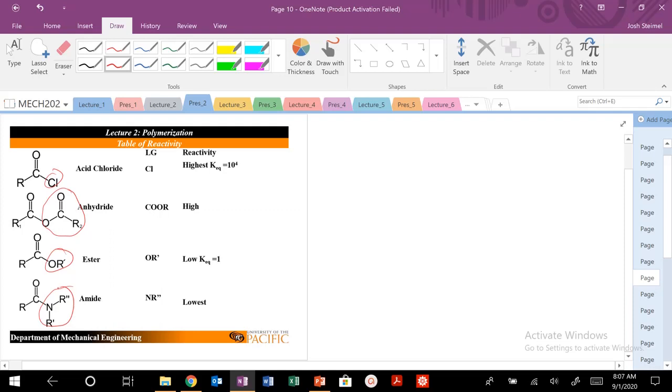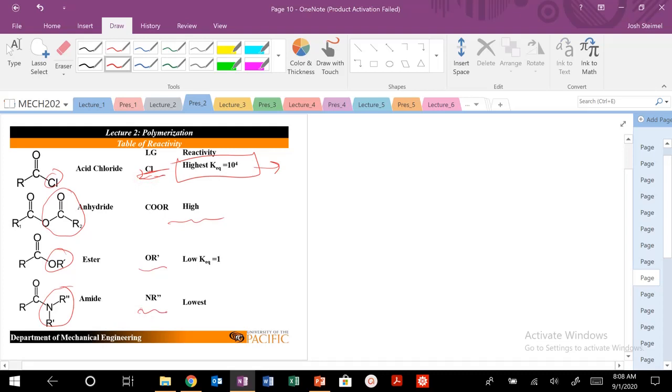We can see chlorine, very electronegative, has the highest reactivity, 10 to the 4. We want to react with these acids and have chloride as our leaving group to create our polymers. This is also very high. Once you get into the esters, the O's are electronegative, but obviously not as electronegative as chlorine.